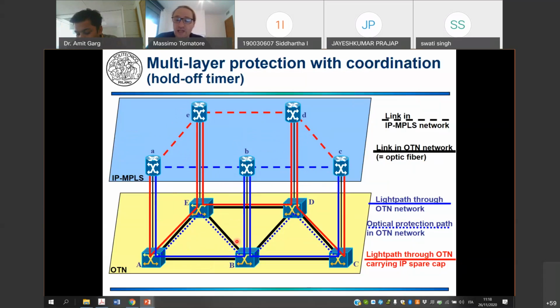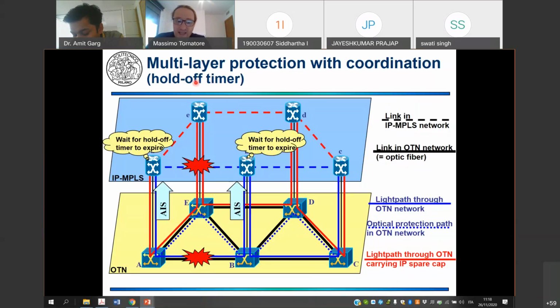And in order to coordinate the protection at the different layers, they use the hold-off timer. What does it mean? I have a failure. I send the AIS, I send the information about the failure, but the routers, instead of immediately reacting, they wait. They wait for a time which is called hold off.